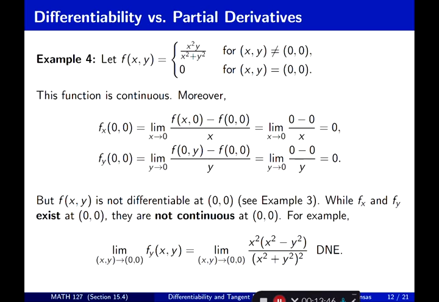Not only is it not equal to the value of the partial at 0, 0, but it doesn't even exist. So the partials are not continuous, and so you can see that the function is not differentiable and one of the partials is not continuous.